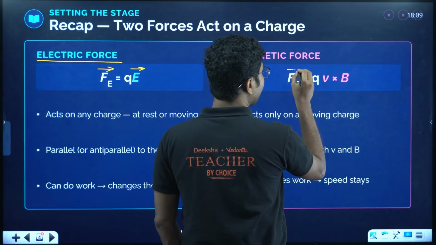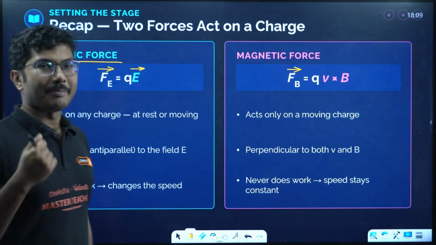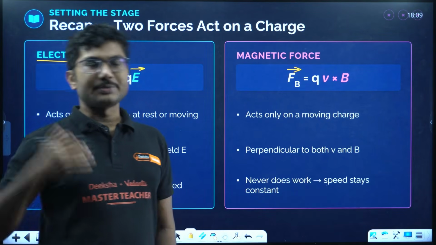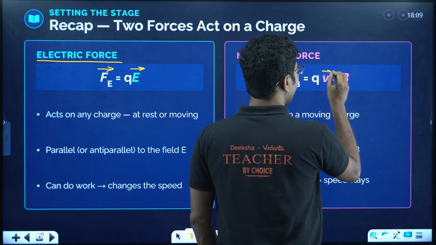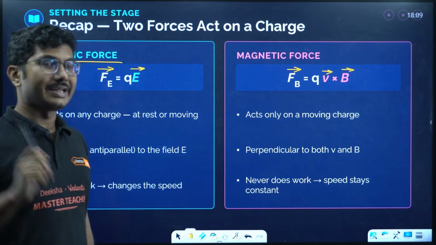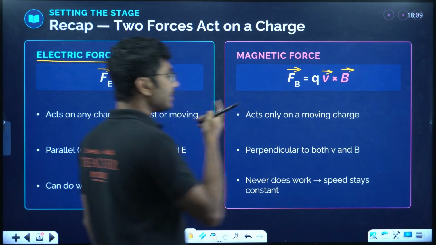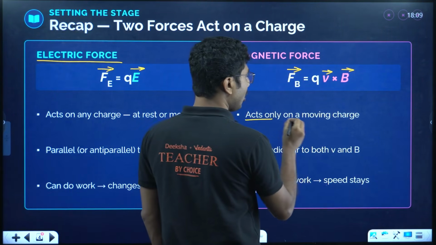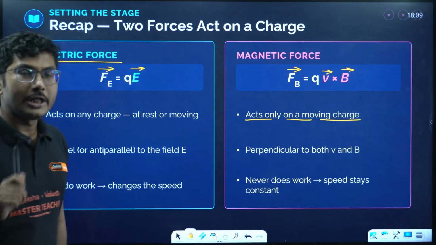Now when a charged particle moves in a magnetic field, it also experiences a force. That force is given by Q into V cross B. V is the velocity vector, B is the magnetic field. Here this force acts only on a moving charge.